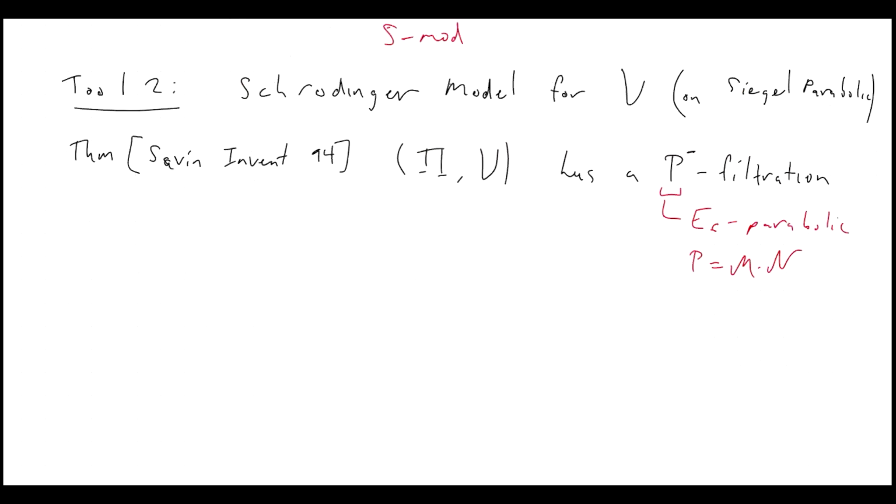It will look like this. We have our minimal representation, and then a surjective map onto the N coinvariance. The kernel of this map is a space of smooth, compactly supported functions.